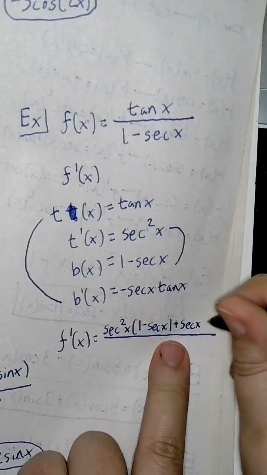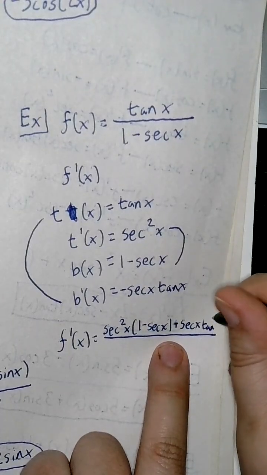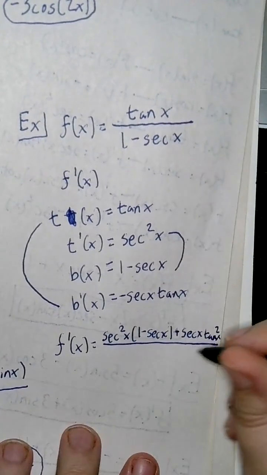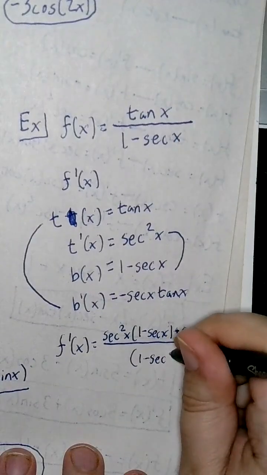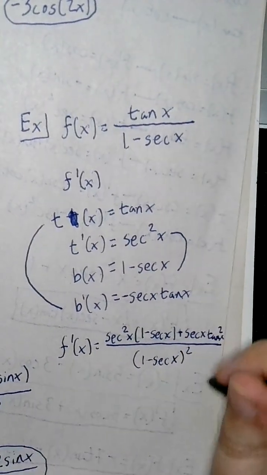Well, that's secant tan squared x all over the bottom squared. So that's going to be 1 minus secant x all squared.